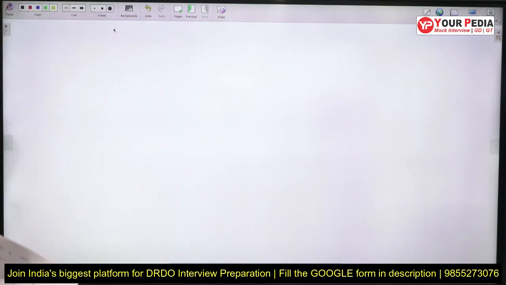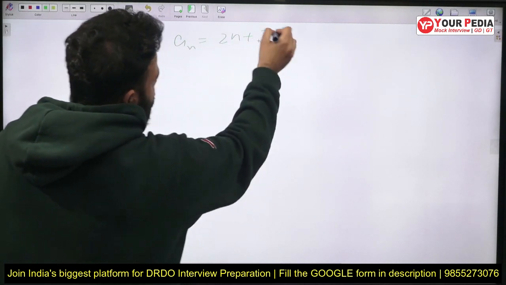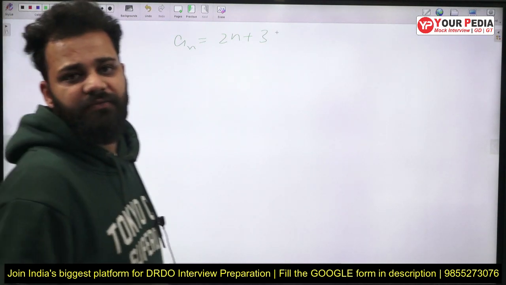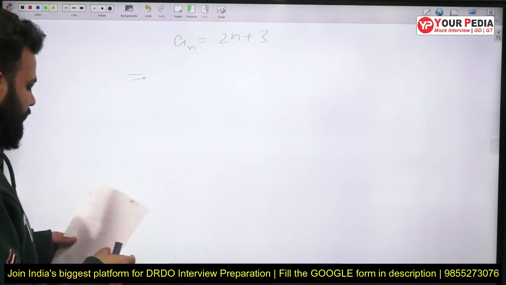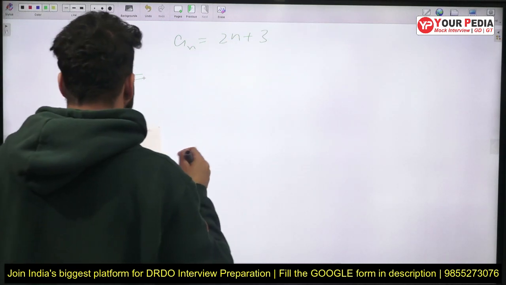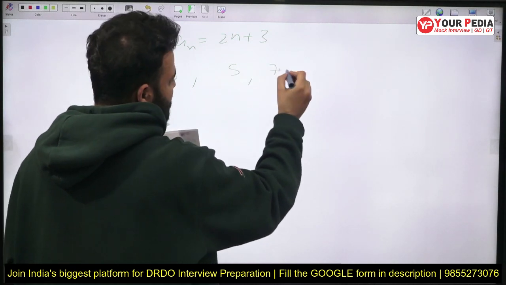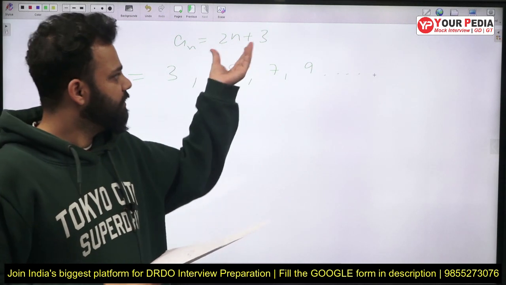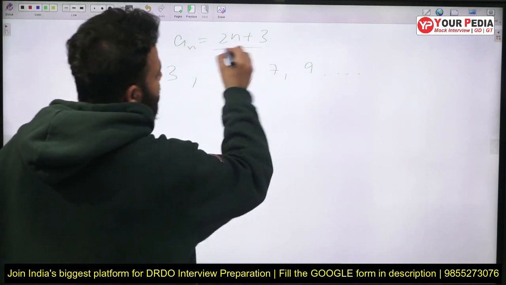Now the next question is, you have been given a sequence an is equal to 2n plus 3, and it is asking what will be the generating function for this one. It is a sequence. Now let's try to open this sequence. When the n value is equal to 0, it will be 3, then 5, then 7, then 9, and so on. Now if you want to solve this, you have to divide this into two parts.